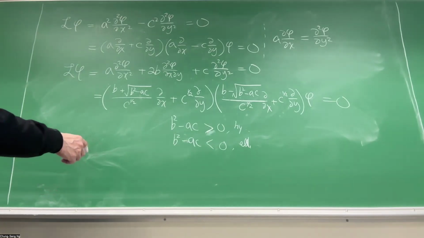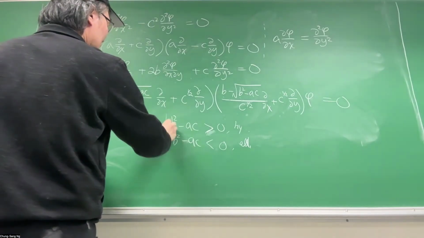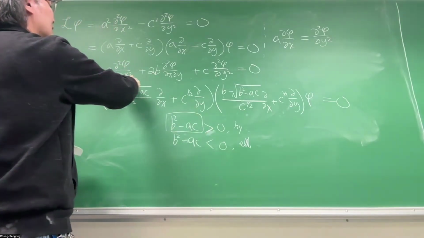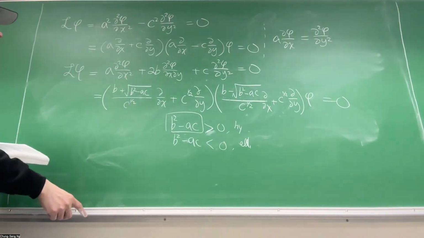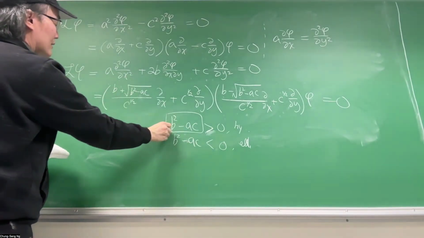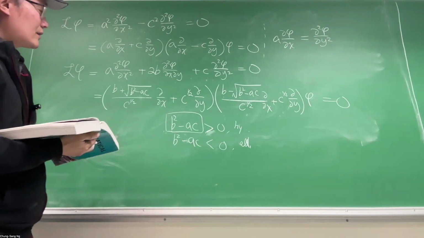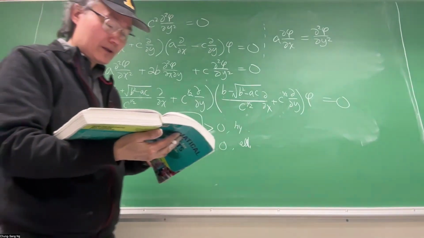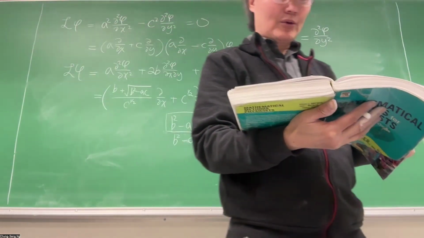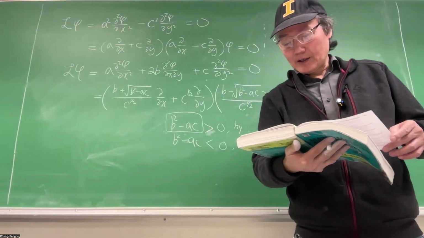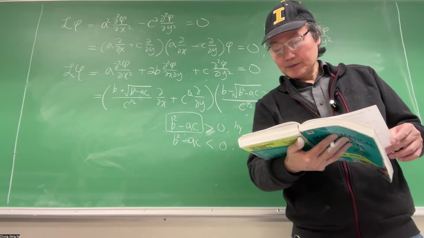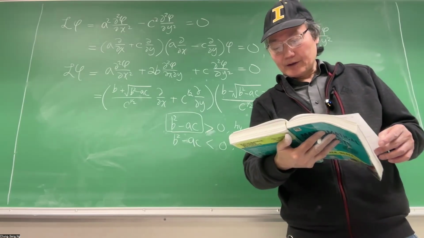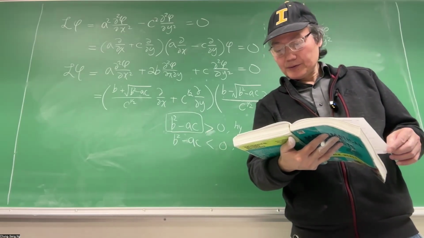Anyway, this factor is in the general form. When you write it, define your A, B, C this way, then that is a quantity that will determine whether it's hyperbolic, elliptic, or parabolic. Okay, and finally, there will be a form in 9.21, made like a change of variable.